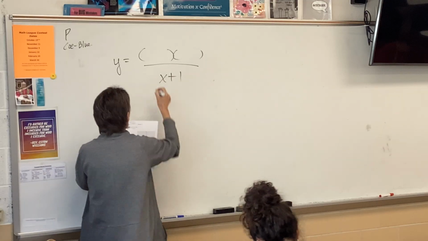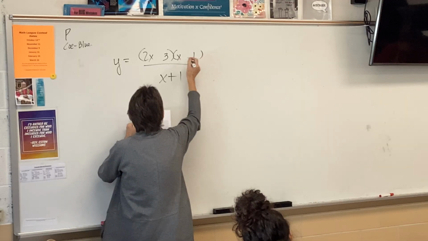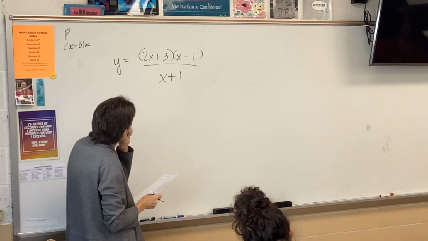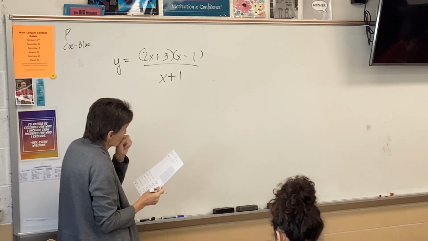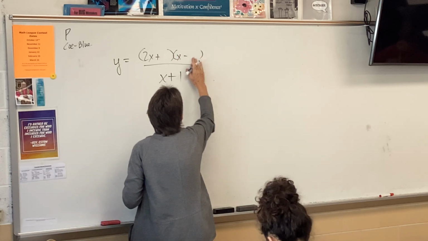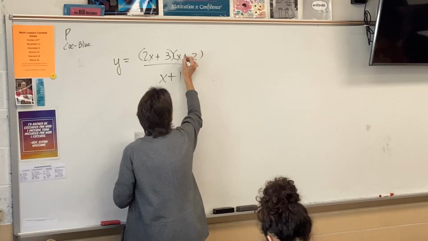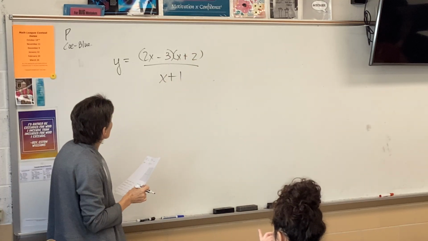Let's see. 2x, x, 3y. Let's try that. How does that look? Nope, that's not right. How about that? Is that better?